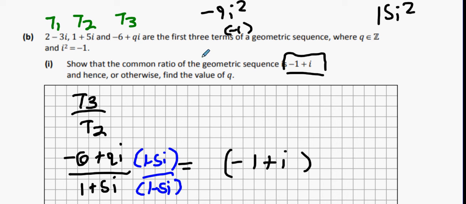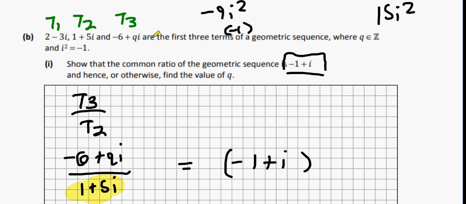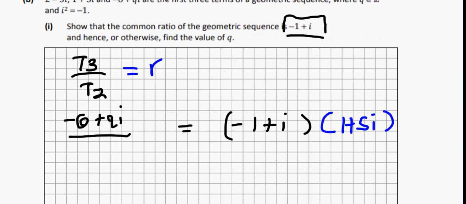But the way I'm going to do it is I'm going to change division on the left into multiplication on the right. Okay, and I find that this will be a quicker way of getting my answer where I want it to go. So that's going to be minus 1, that's going to be minus 5i.